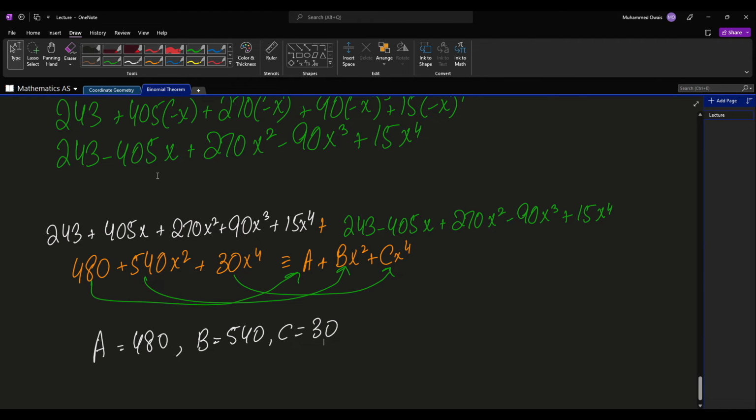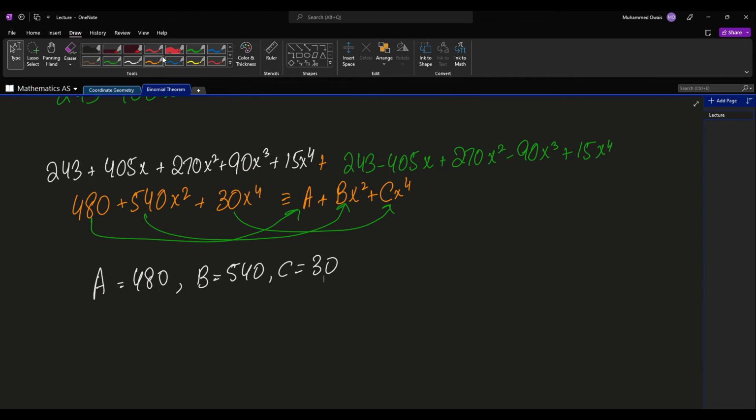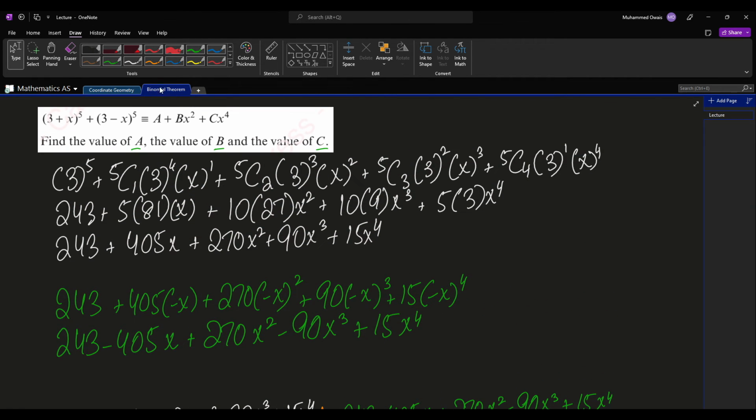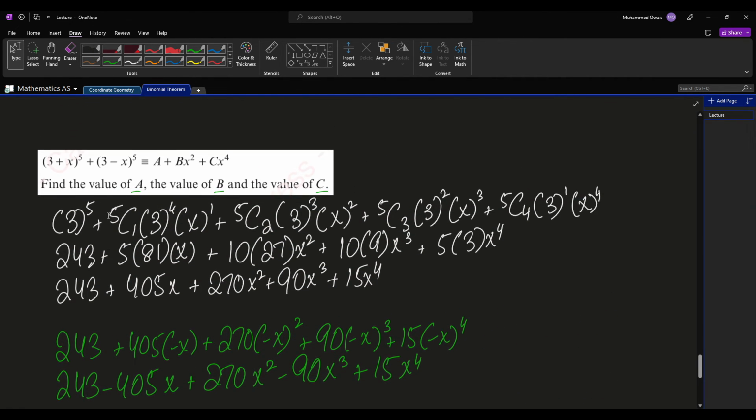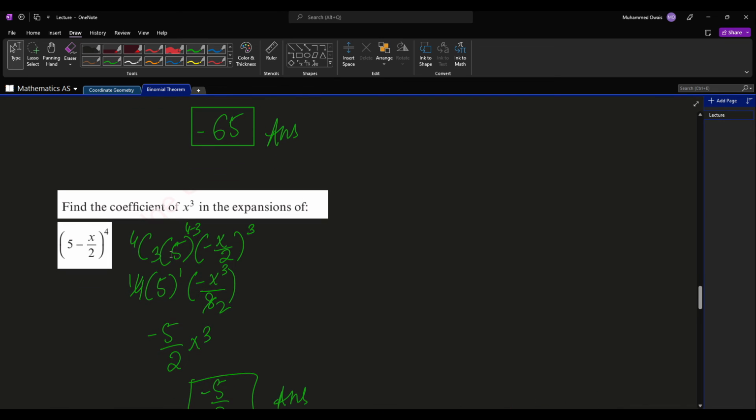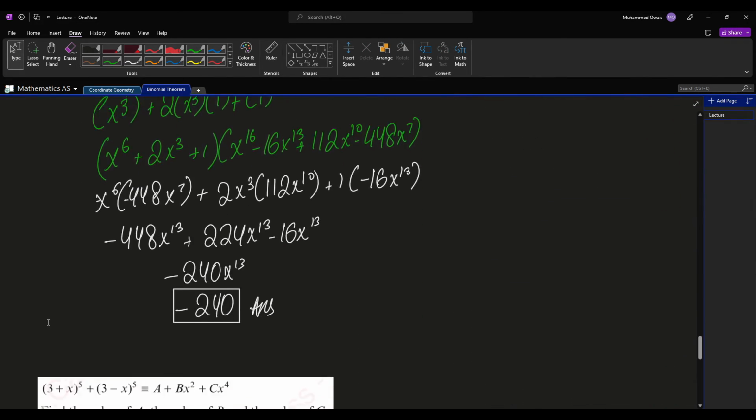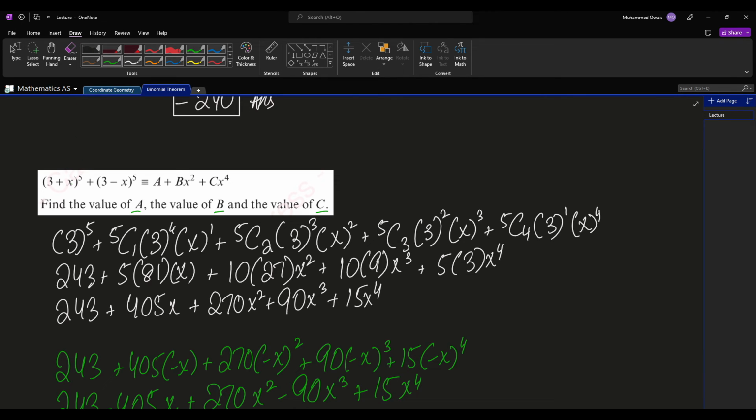Alright, pretty simple, right? Now before we end today's lecture, there is one thing I need to show you, an alternative method of doing this question. As you remember, in this question we directly found out the x cube. Now we can do the same here. This x will increase in an ascending manner, from x power 1, x power 2, x power 3, x power 4.